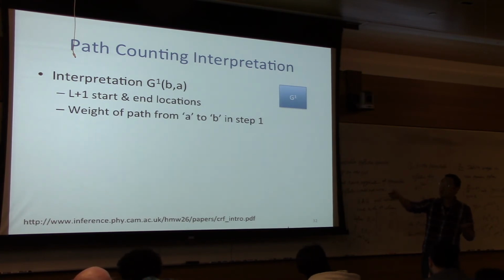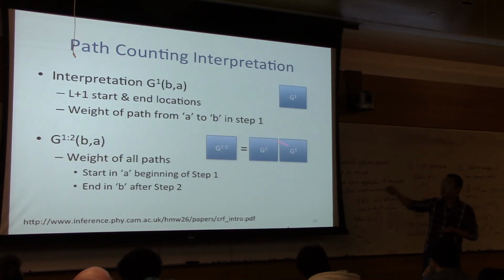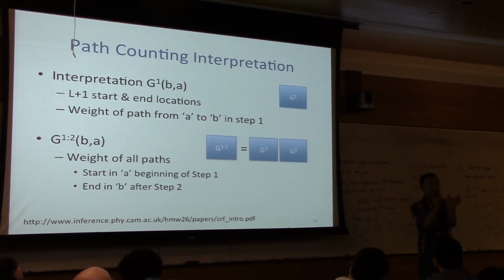And that weight is exactly this term. So this counts all possible paths from the token before the first word to the token at the second word. Because of the first order decomposition, I could write it this way. This is exactly analogous to the forward algorithm.